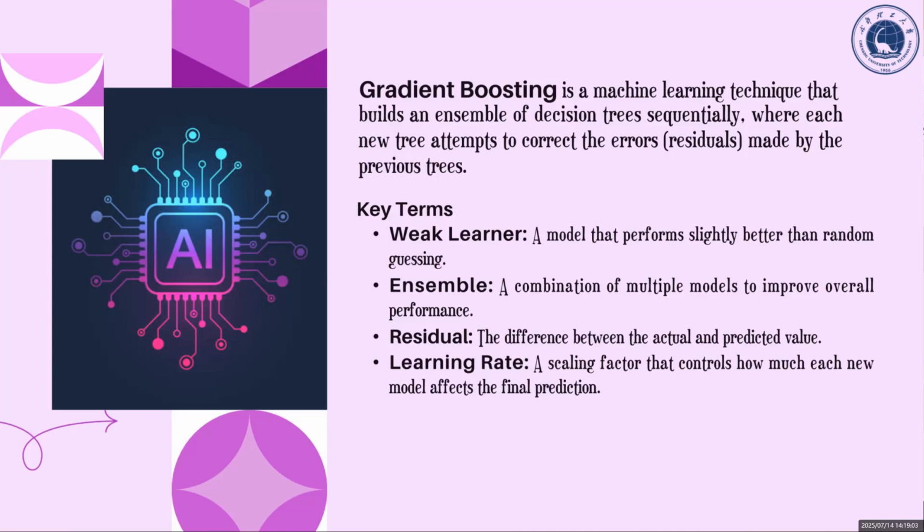Residual is just the difference between the actual and the predicted value, whereas the learning rate is a scaling factor that controls how much each model affects the final prediction.